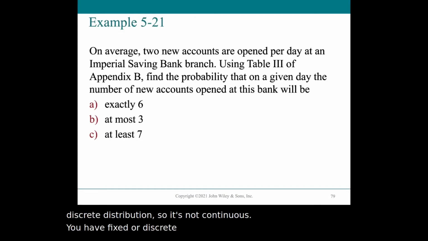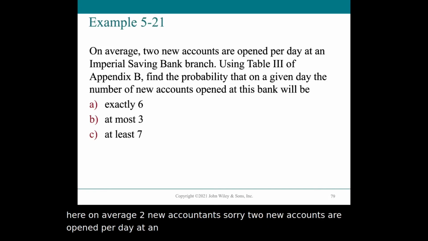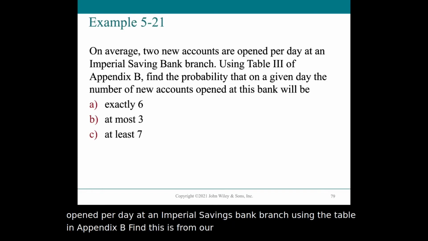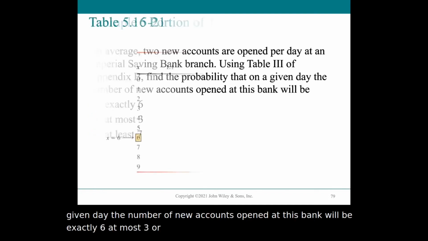Anyway, let's say for example, on average, two new accounts are opened per day at an Imperial Savings Bank branch. Using the table in Appendix B, from our book, find the probability that on a given day, the number of new accounts opened at this bank will be exactly 6, at most 3, or at least 7.